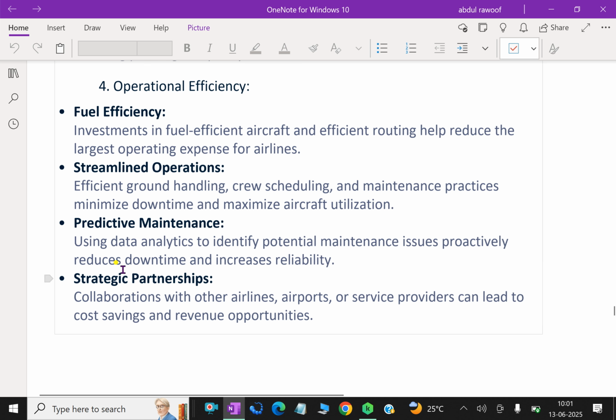Predictive maintenance, using data analytics to identify potential maintenance issues proactively, reduces downtime and increases reliability. Strategic partnerships, collaborations with other airlines, airports, or service providers can lead to cost savings and revenue opportunities.